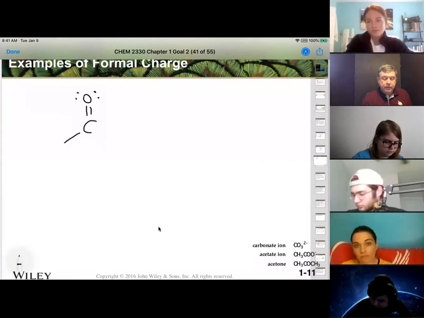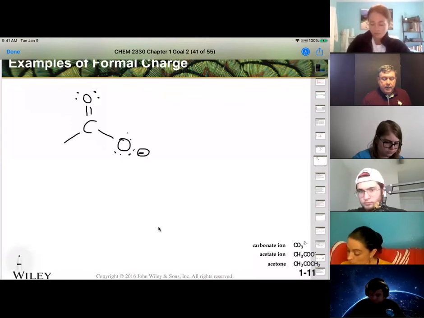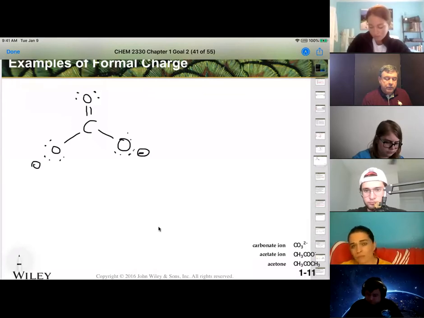And then O with six electrons and a negative charge here, and O with six electrons and a negative charge here. Okay, so that's how the ion looks right there.